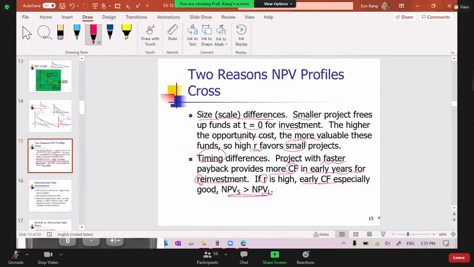Even though that distant cash flow is big, the present value may be small, because it is heavily discounted. But if R is low, the discounting is just light, so the present value of future cash flow can still be high. Then big cash flow will be better. But if the discount rate is high, then short-term cash flow is better, right?